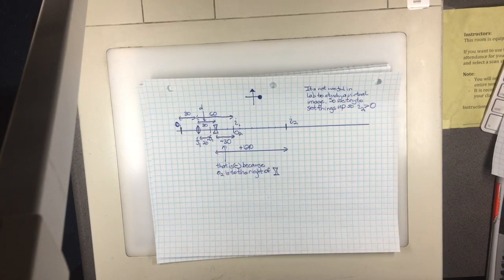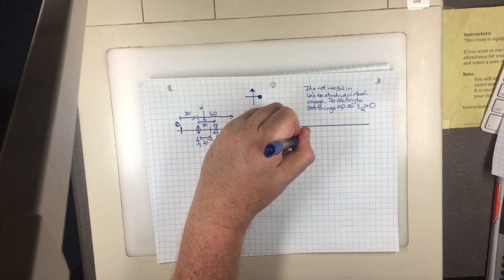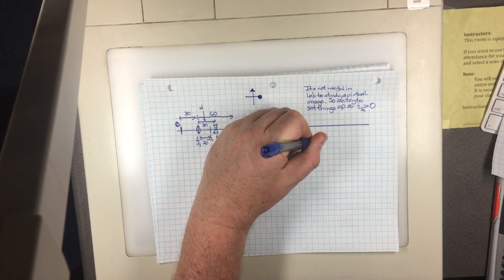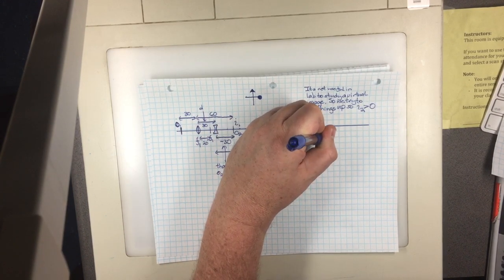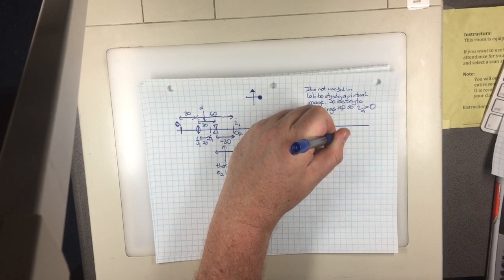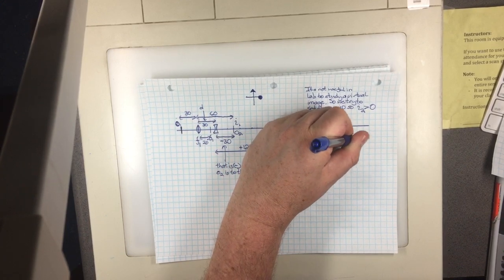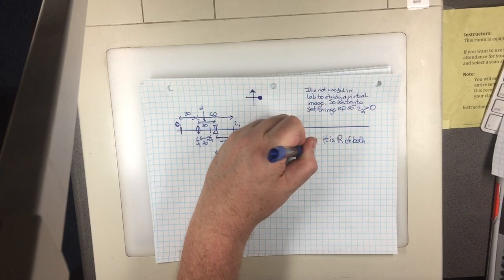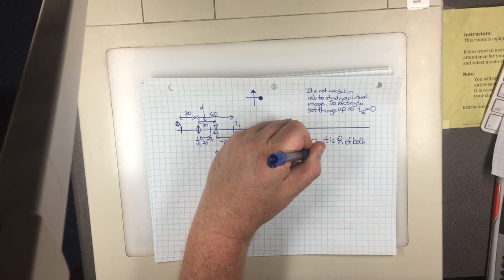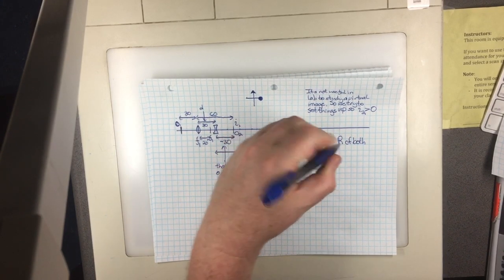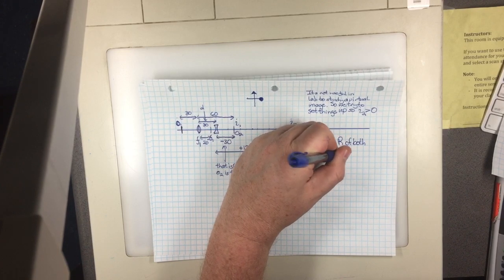Let's describe it. I2 in this case is greater than 0. It is right of both lenses and real.